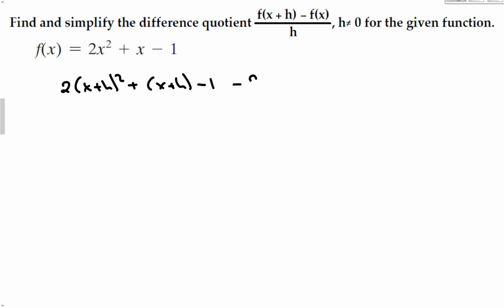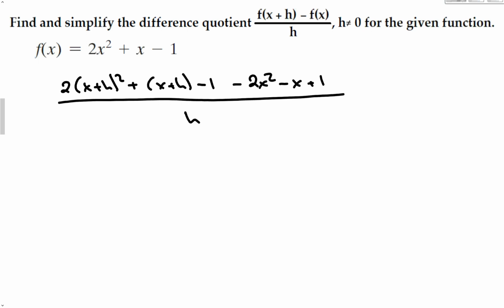I'm going to distribute the negative as I go here: 2x squared minus x plus 1, over h.